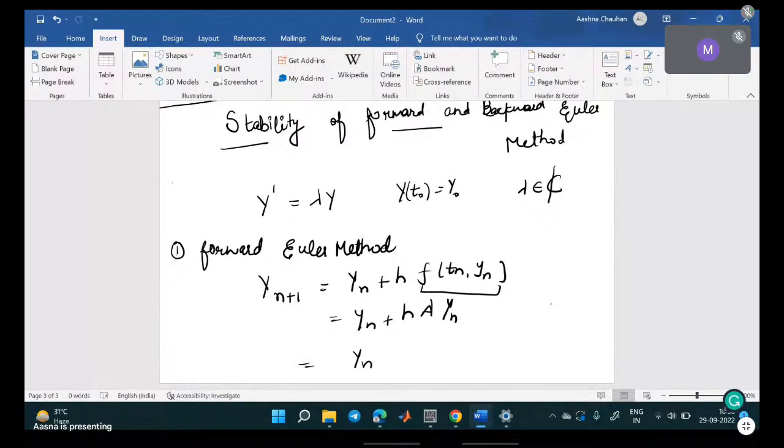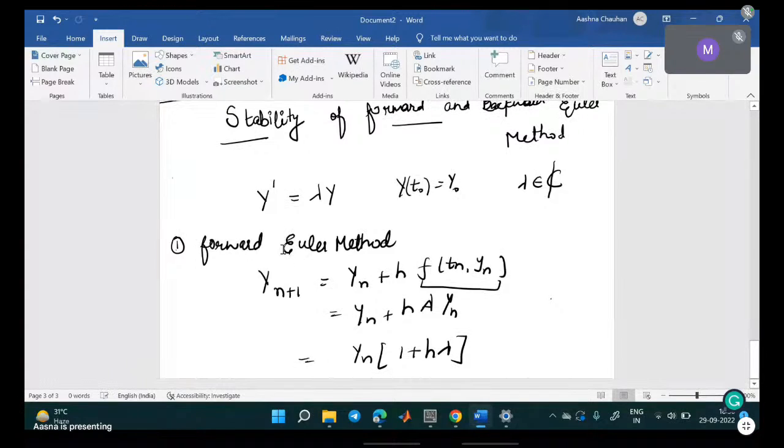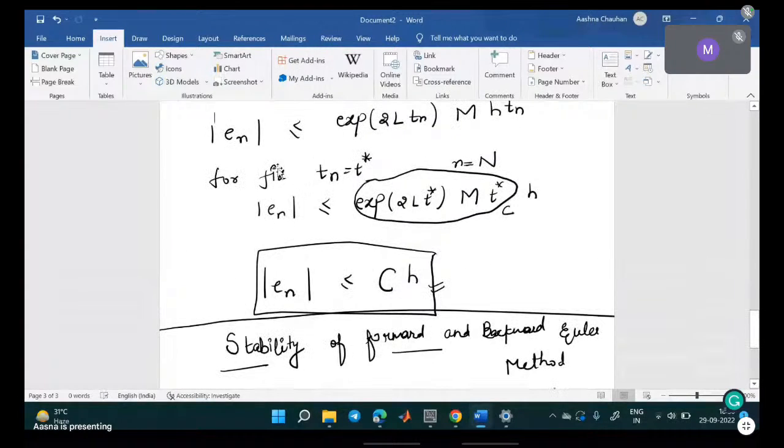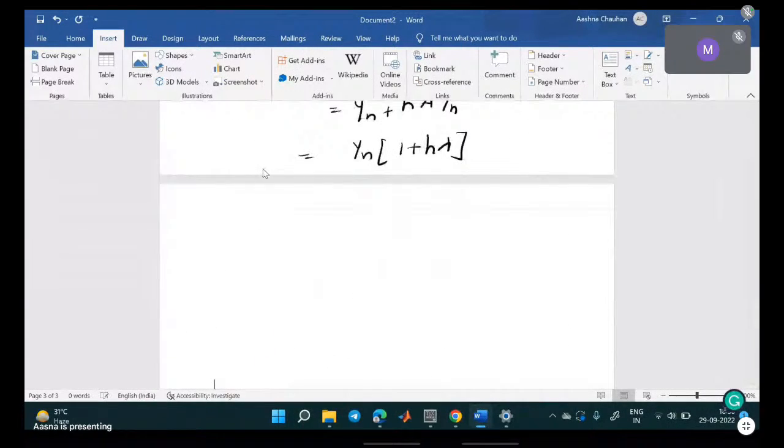I'm picking up this yn as common, 1 plus h lambda. So yn plus 1 is equal to 1 plus h lambda times yn.